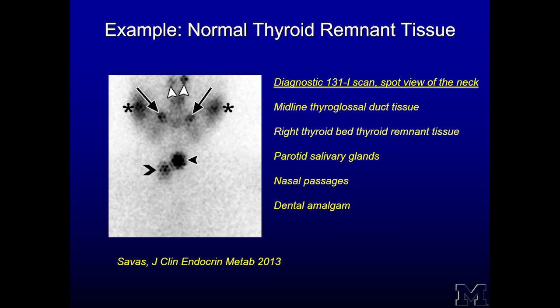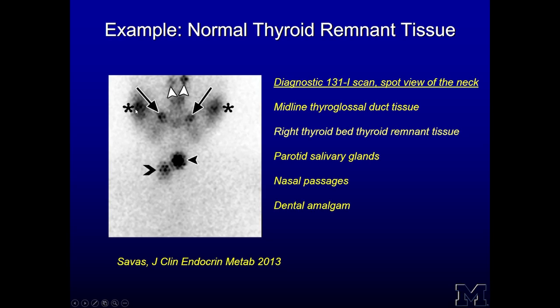Here is an example of thyroid remnant tissue, a diagnostic iodine scan performed with a spot view of the neck, and as we see, there is uptake in the central neck compartment, midline thyroglossal duct tissue. Here also is right thyroid bed remnant tissue.